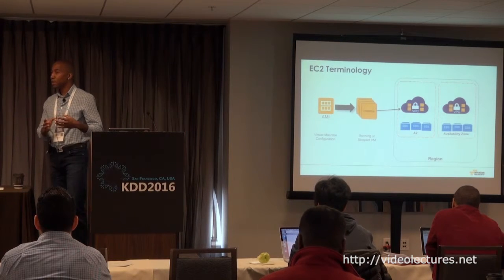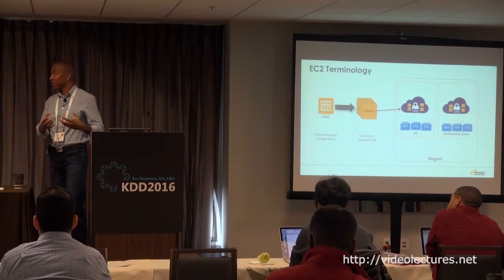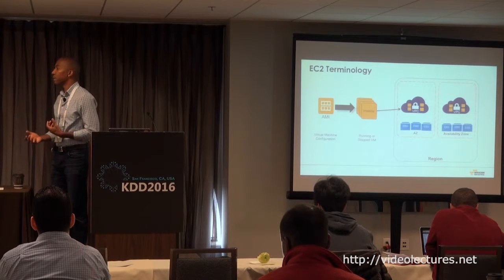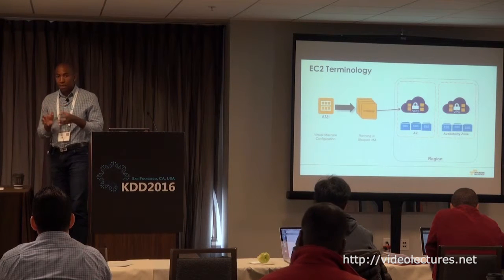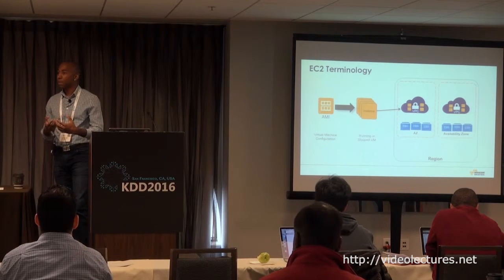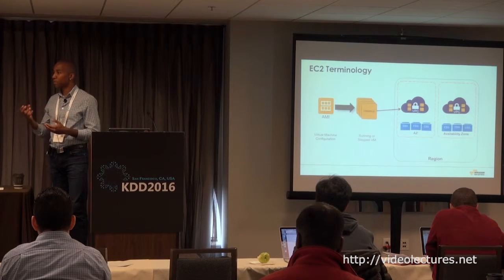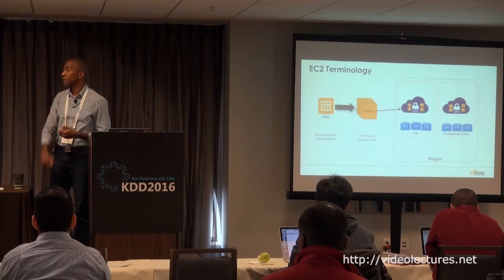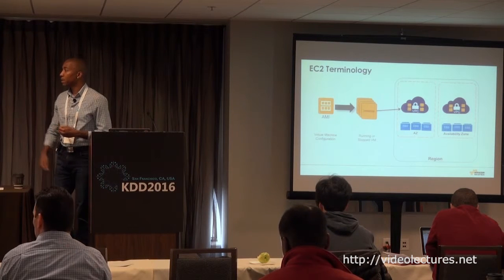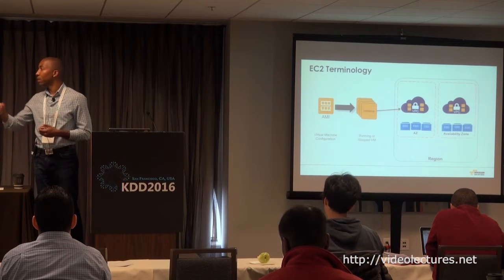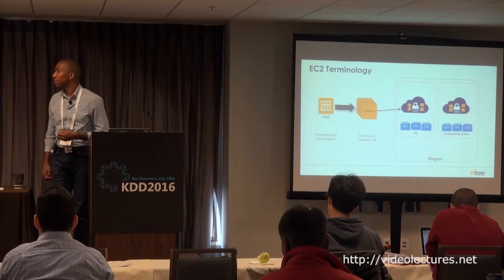S3 is what we call a public service, which means it lives outside of your VPC environment. The relationship between EC2 and EBS is very tight. As a matter of fact, EBS volumes are mounted directly onto your EC2 instances, as you would have a virtual machine within your SAN environment communicating with different LUNs.